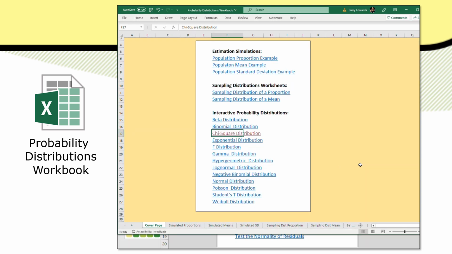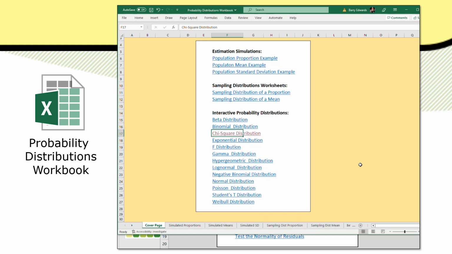On your own, you may want to explore the F distribution or the binomial distribution or the normal distribution. These are all really important distributions, not to mention the student's t distribution as well, that we cover in the book and that are used for statistical inferences.